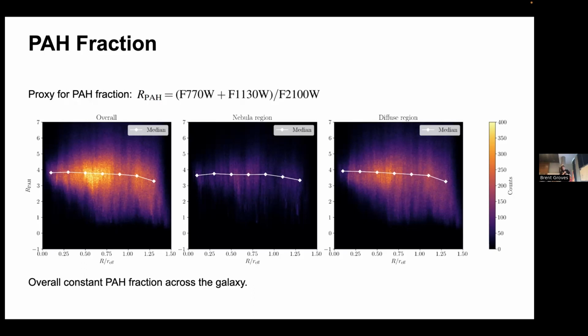And we can bin the data according to the radius and select the median in different bins. And we find that the R-PAH in the nebula region is slightly smaller than the diffuse region, which is possibly due to the harder ionizing spectrum in these nebula regions. Okay.